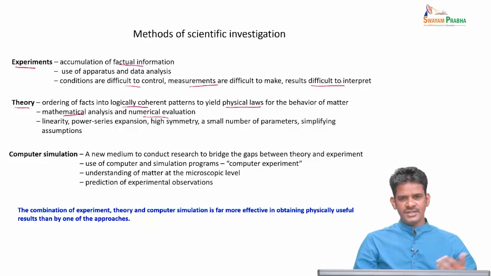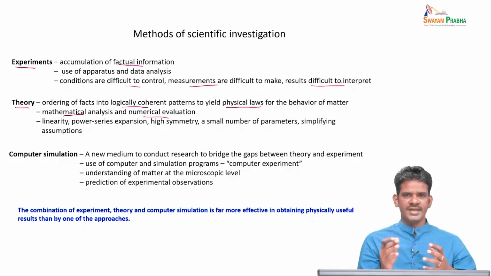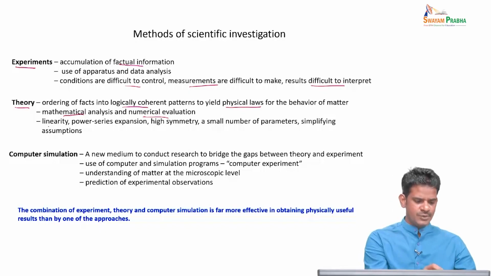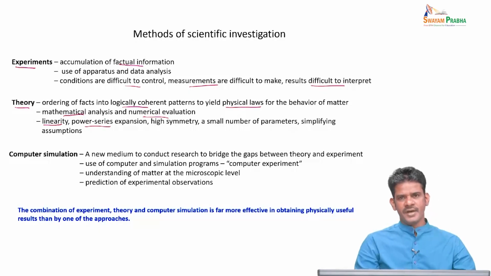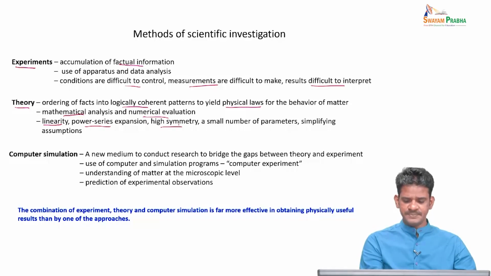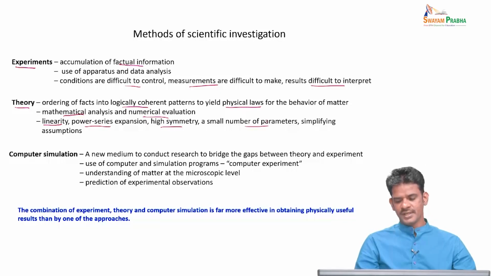And similarly, if you look at theory, the theoretical deduction mostly happens with limiting assumptions. For example, we make assumptions that the system is behaving linearly, so we apply linearity principles. Sometimes we use power series expansion of certain variables. We also assume high symmetry, and we often have a very small number of parameters that go into these theoretical approaches.